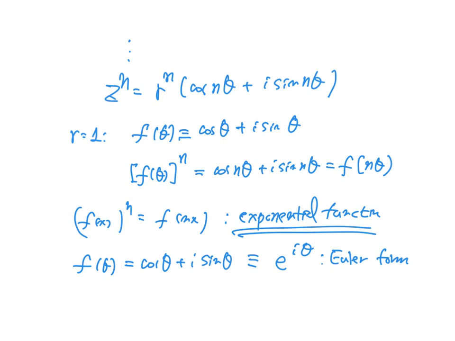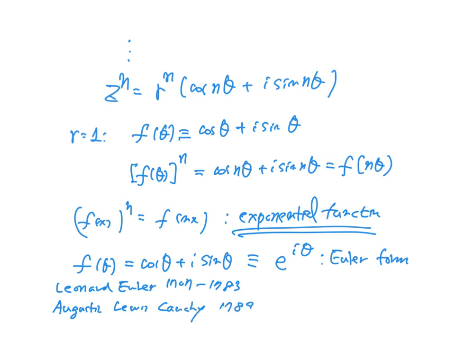I told you an important name, Leonhard Euler, 1707 to 1783. Another important name is Cauchy, Augustin Louis Cauchy, 1789 to 1857.